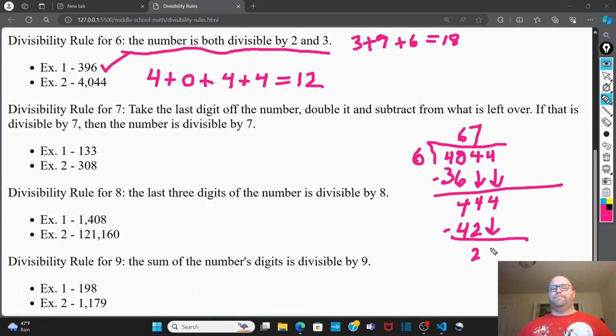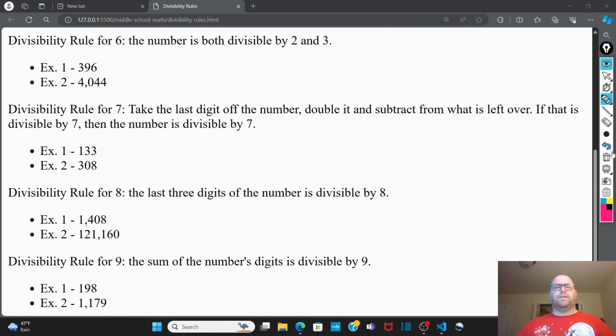Bring down the 4. We've got 24. 6 goes into 24 4 times. 4 times 6 is 24. 24 minus 24 is 0. That one checks. Remainder of 0. Boom. Good to go. Take a snapshot of this. I know I'm going a little bit quick through it, just in the interest of time, but you can always rewind video, replay video. Okay, so we'll delete this stuff.